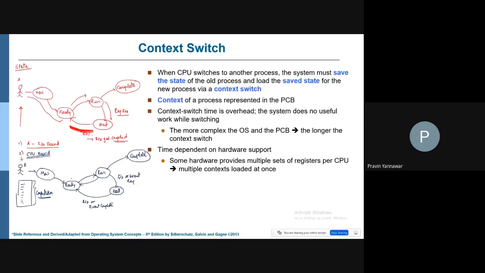Okay, and this particular segment means a switching of a process from this place to ready, ready to run, run to again ready.